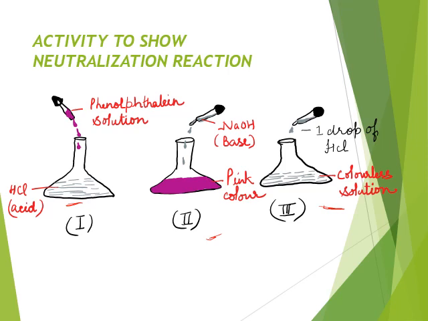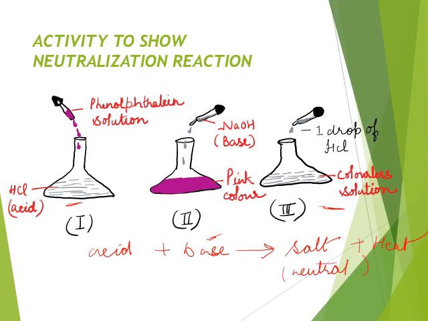So in this whole activity, we have proved that when an acid reacts with a base, both of them neutralize each other's effect, forming a neutral substance which is salt, and heat is also evolved during this process.